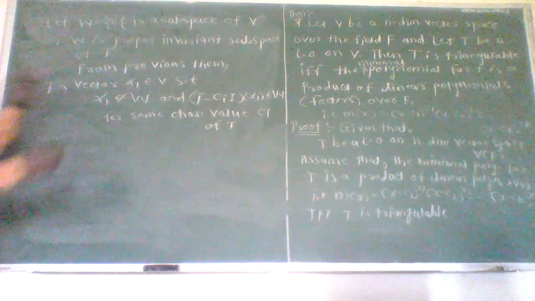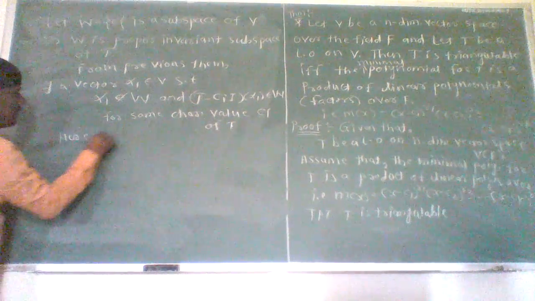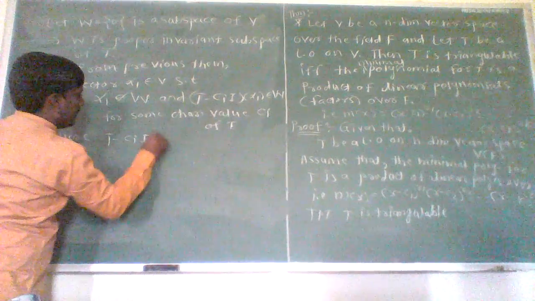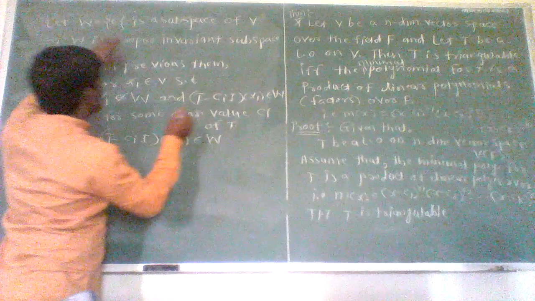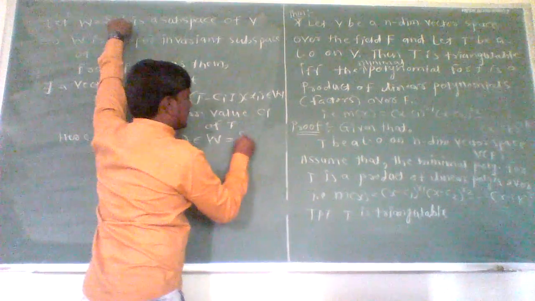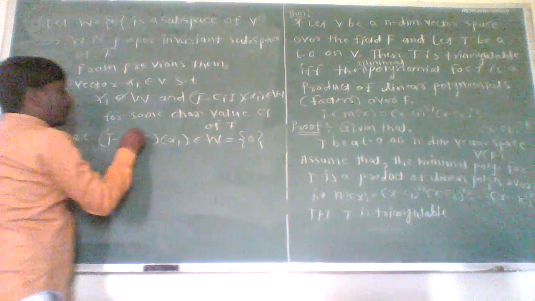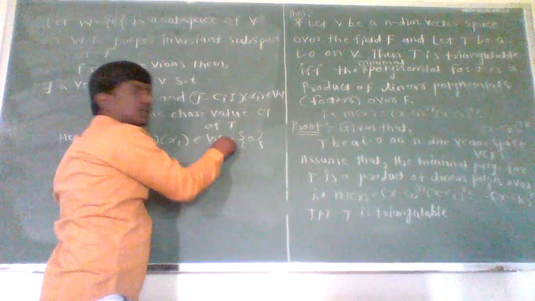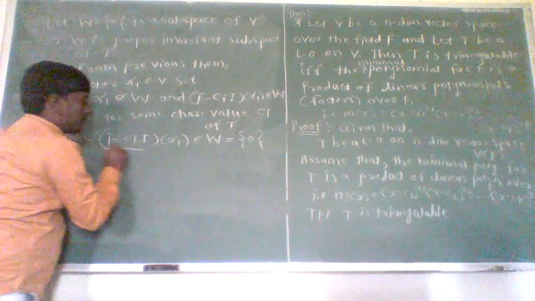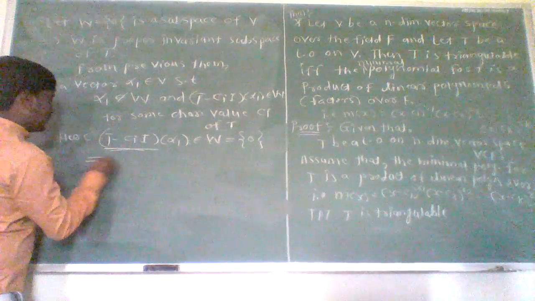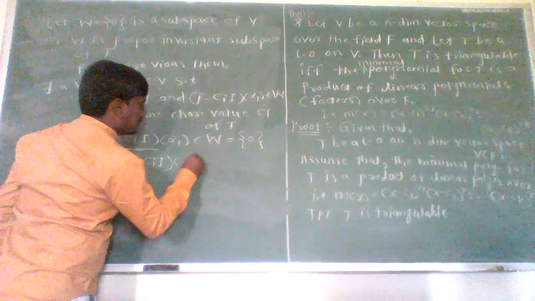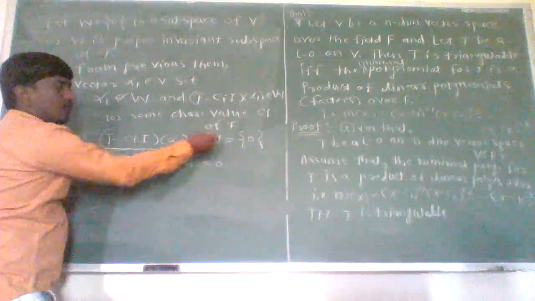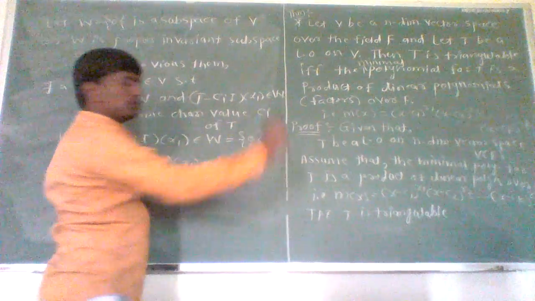Okay, now here T minus Ci of alpha 1 belongs to W, and W is nothing but the zero subspace, that is W contains only one element, the zero element. Therefore as T minus Ci of alpha 1 belongs to this zero subspace, this vector must be equal to 0, which implies T minus Ci of alpha 1 is equal to 0, since it belongs to W and W contains only the 0 element.